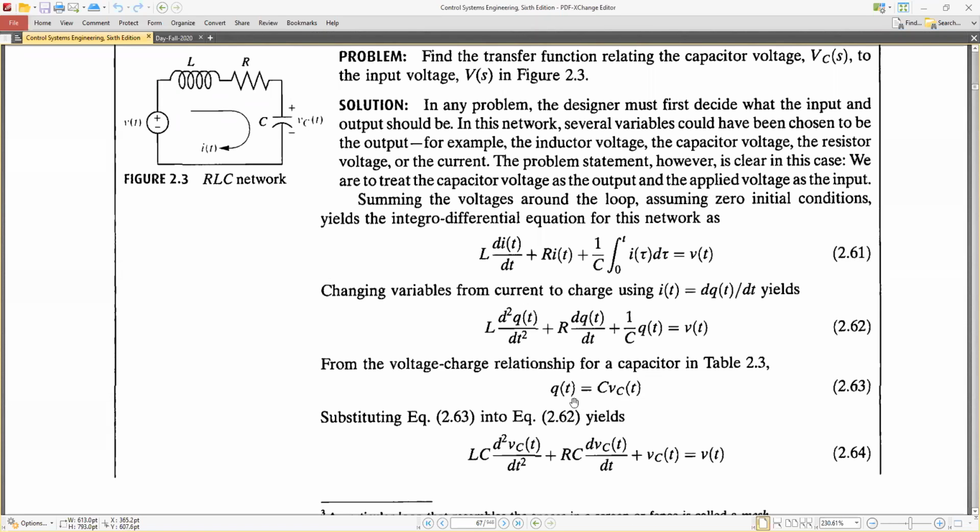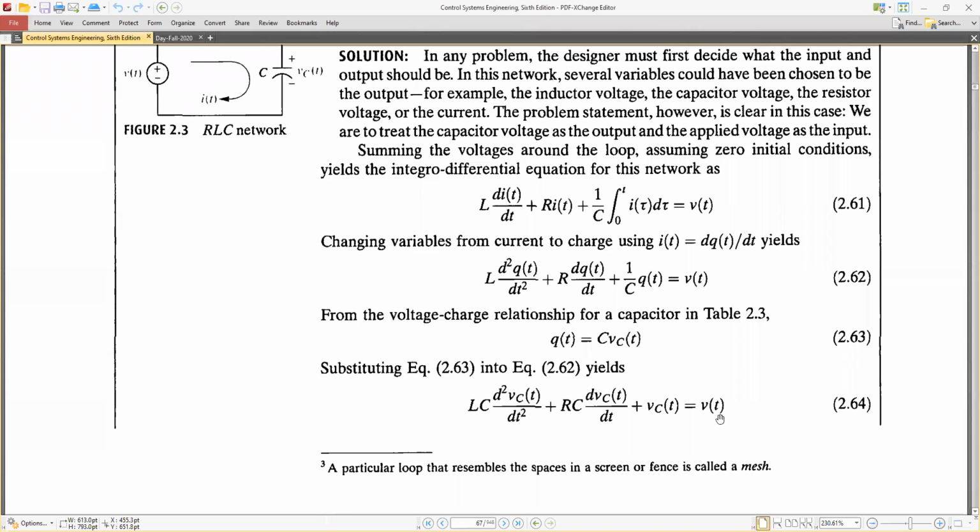So instead of q(t), you can write C VC(t). Now put this value in equation 2.62, and then you will get this equation.